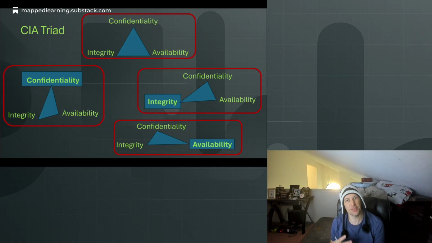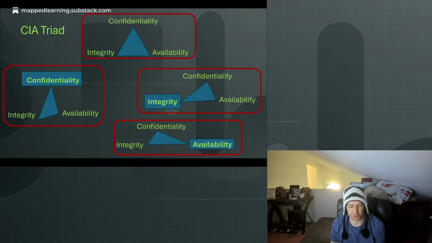So, what does that mean in cybersecurity terms? Well, in a few slides, I will go over what each of these mean. But for now, just understand confidentiality means keeping things secret. Integrity is keeping things authentic.